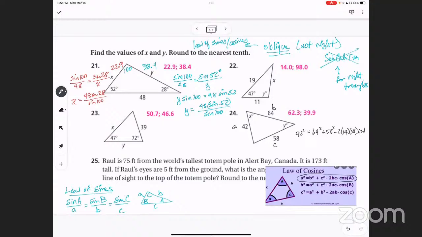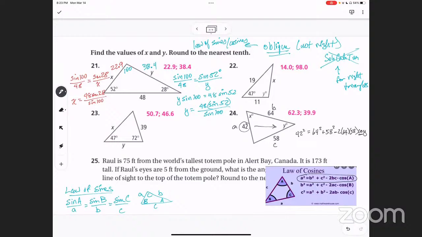All right, so the cosine of A, remember, I'm trying to solve for A. Actually, that's going to be the cosine of Y, right? Oh, I see. Right, because I was using 42 as my A. So I'm solving for this one right here.